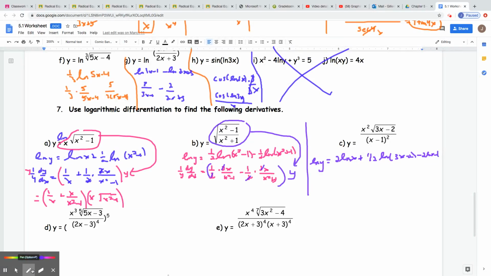All right. So now when I take the derivative, once again, this is going to be dy over dx. It's 1 over y, but I'm going to save time by not writing this out again.